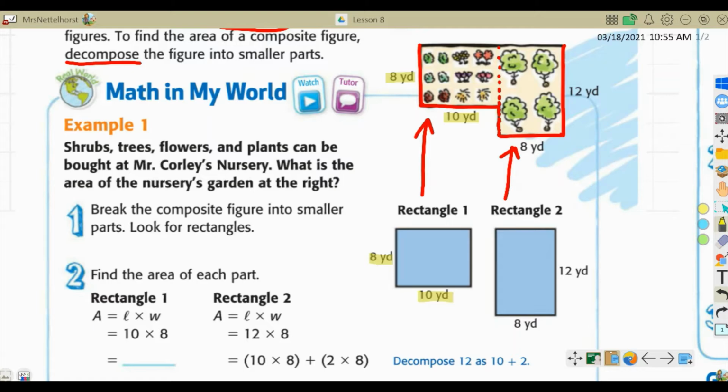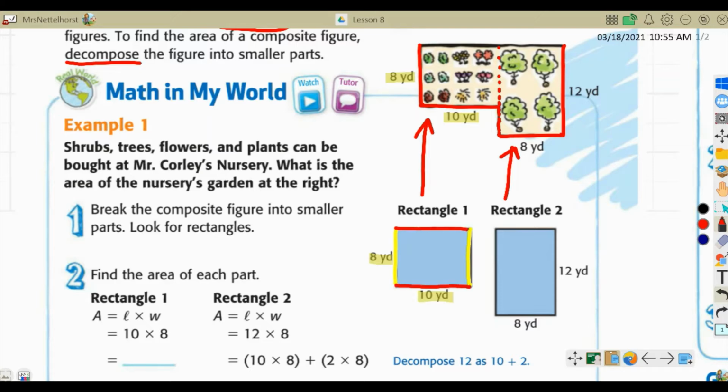Now, you know from 2nd grade that the opposite sides of rectangles are the same length. So this side is 8 yards, this side is 8 yards. This side is 10 yards, this side is 10 yards.